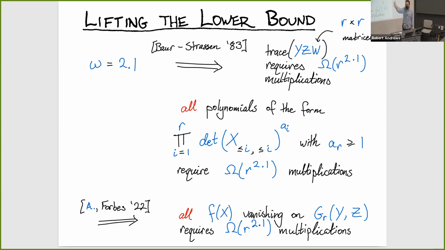These might appear with different powers, but I know there's at least one r by r determinant sitting in this product. Okay, so I want to prove that just this product of determinants is hard to compute. And then by some heavy machinery, you can actually get the thing we want to prove. So the main technical innovation in this work is really to prove this connection between a lower bound on this trace of matrix product and these products of determinants.